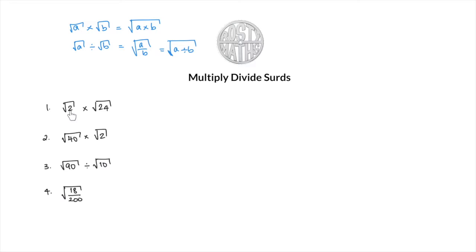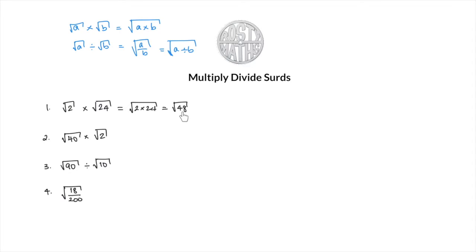So let's jump straight into this one then. On this very first one, I have got the square root of 2 times the square root of 24. I am going to follow the multiplication rule up here. They're multiplying and they're nice and separate, so I'll put them together. This will become the square root of 2 times 24, which becomes the square root of 48, because 2 times 24 is 48. Now, going back to what I did in that original video, you need to give this in its simplest form.